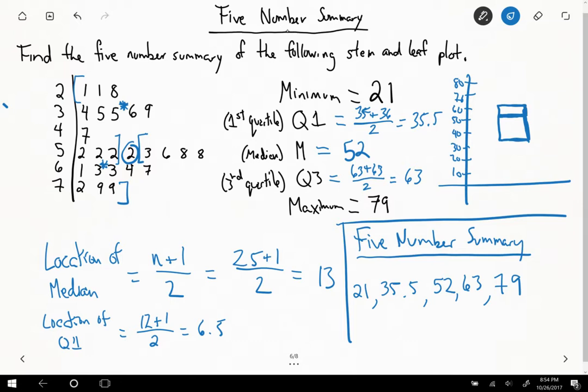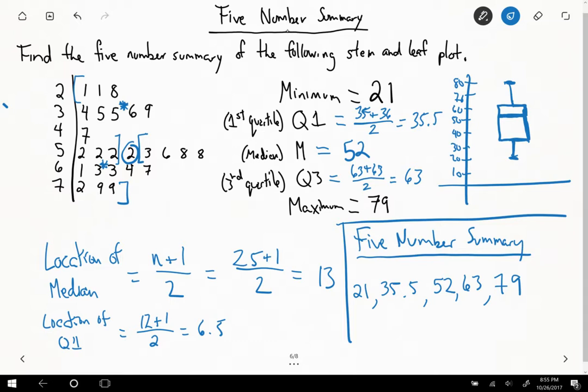Then from there you have the whiskers. Rather than call it a box plot, you might hear box and whisker diagram, or box and whisker plot. They all kind of mean the same thing. So now we got to extend down to 21. So we put a little whisker down here. Oh, don't let your eyes fool you, that's a straight line. So there's our whisker. And then we go all the way up to 79. So here's another whisker. So on and so forth.